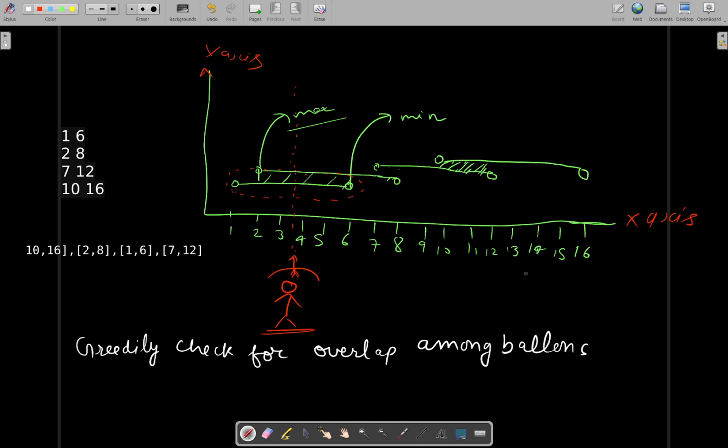Whenever there is an overlap, when you shoot one arrow, that one arrow will burst all the balloons that are overlapping.